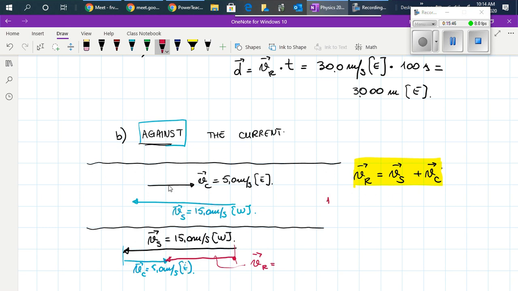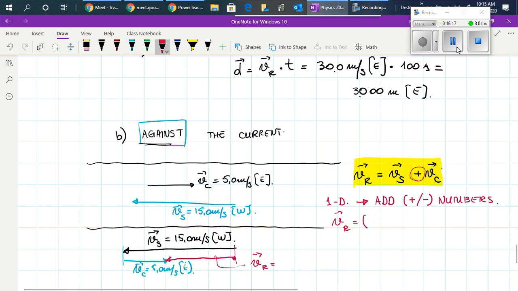This again is a 1D situation, which means that we add, because we have the add sign here, with positive or negative numbers. So the resultant velocity will be the velocity of the swimmer going west. Is it positive or negative? Negative.